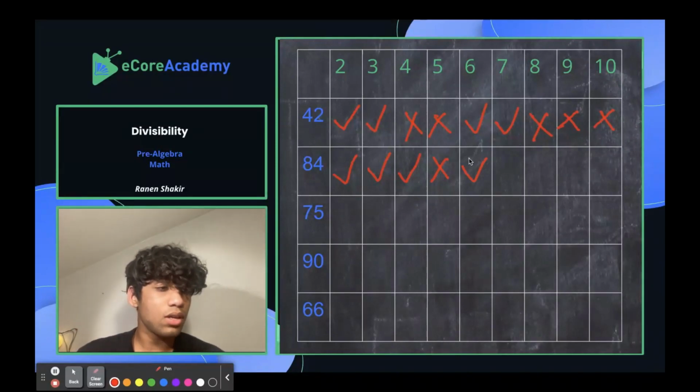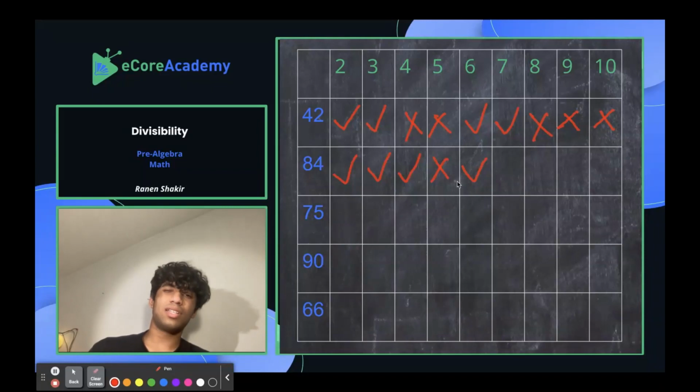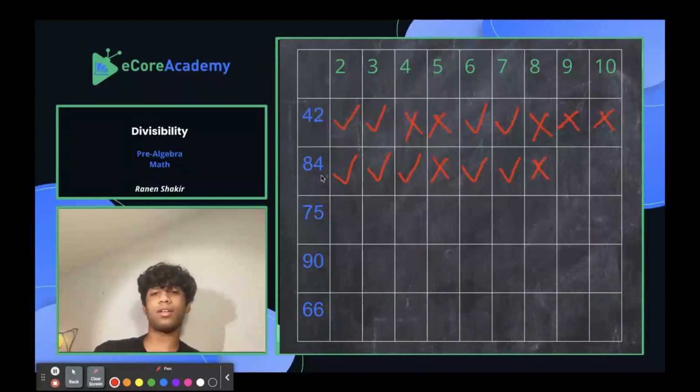By 7, this number is divisible by 7. You should already know this. 7 times 12 is 84. By 8, it is not divisible by 8 because if you try to divide it, you only get 8 once, and then you get stuck because 8 doesn't go into 4 evenly.